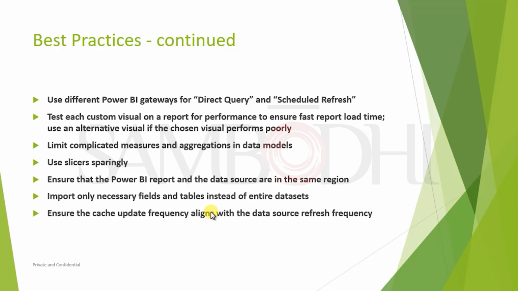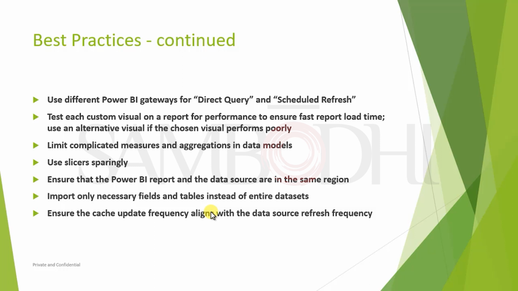Then, avoid complicated measures and aggregations in the data models. What this means is, when we have measures which are calculated with huge formulas and aggregations done over different data tables in your data source, it is advised to move these calculations off Power BI and make these modifications on the data source at the data source level.